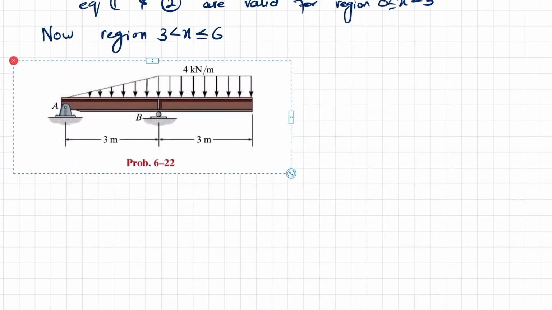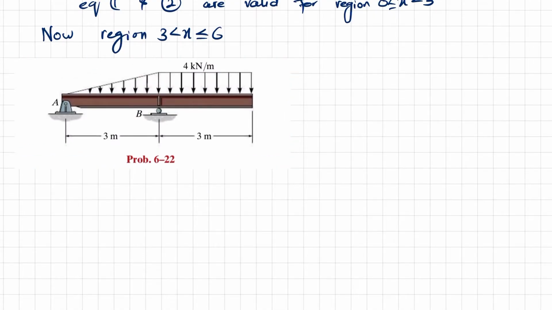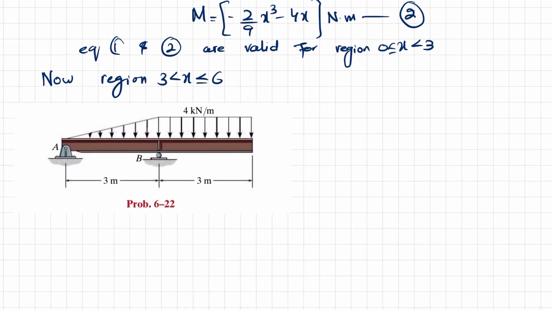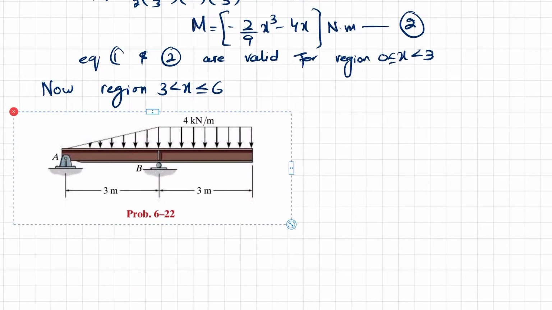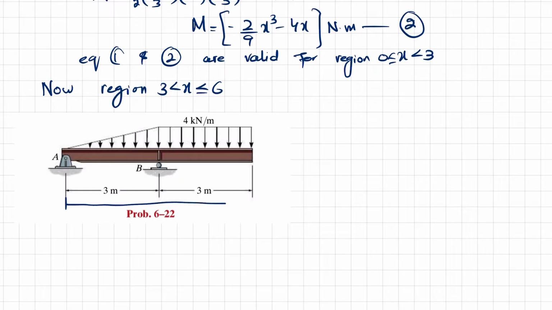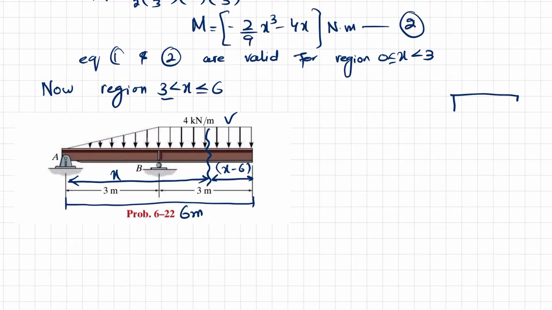So you can see total length is from this point till this point. This total is 6 meter. Clear? So when you cut it over here, let this be x, and x you can see is greater than 3. So we will take this portion and we will draw the free body diagram. This is the remaining portion where you have a uniformly distributed load.